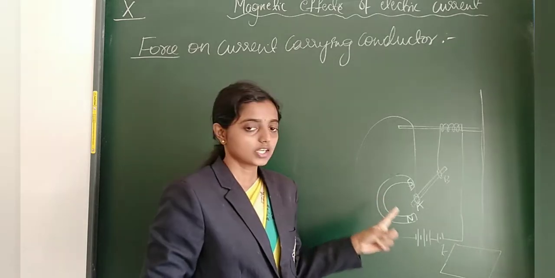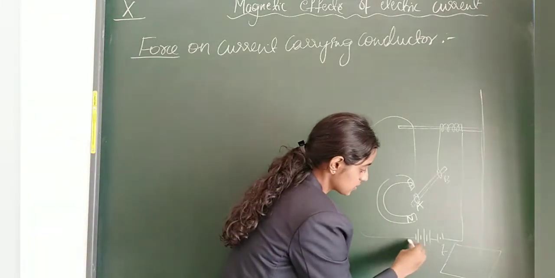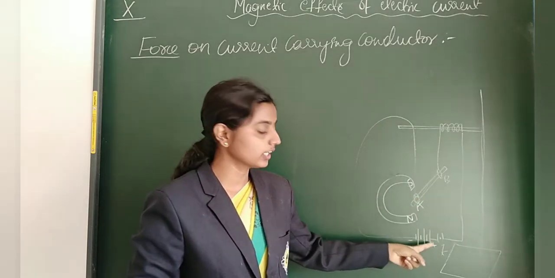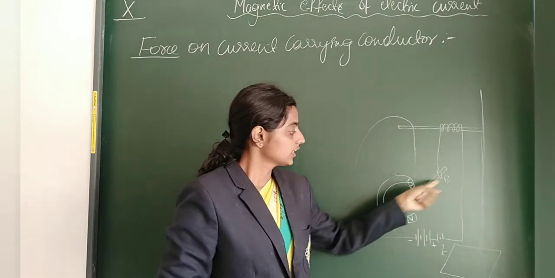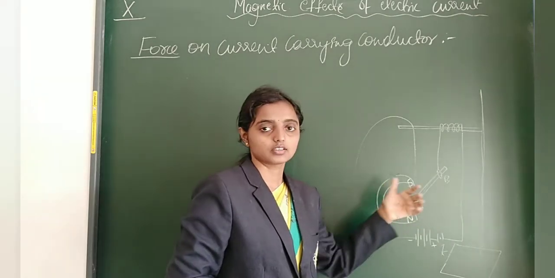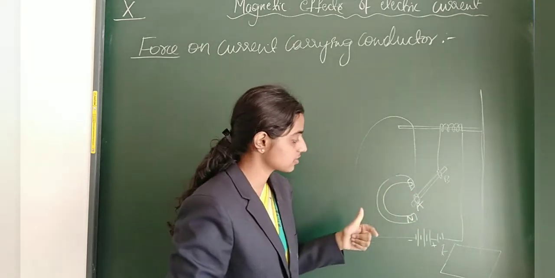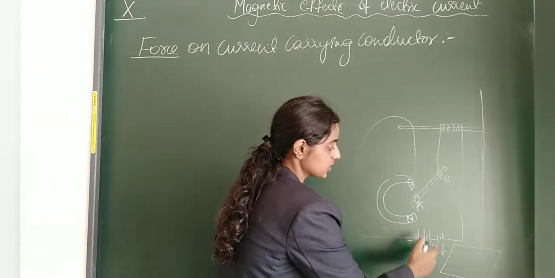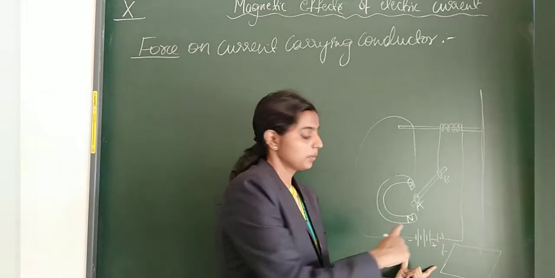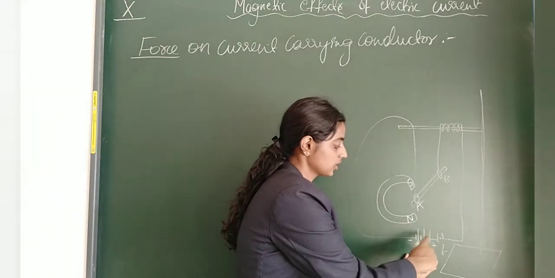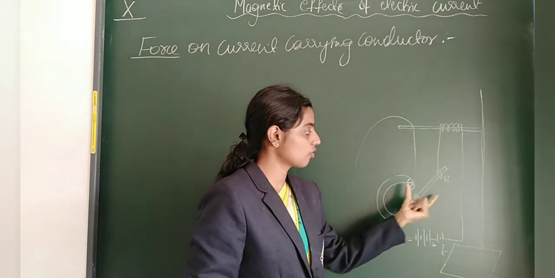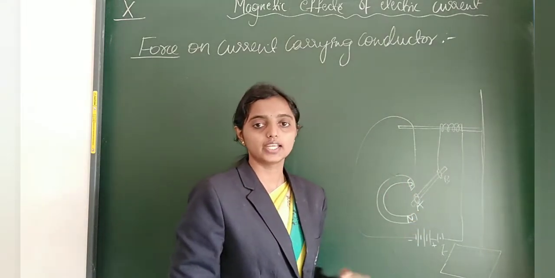Taking the negative and positive terminals like this, when we switch on the current, we observe that the aluminium rod started to move to the left side. Its displacement was to the left, and when we interchange the terminals, the displacement was to the right side.